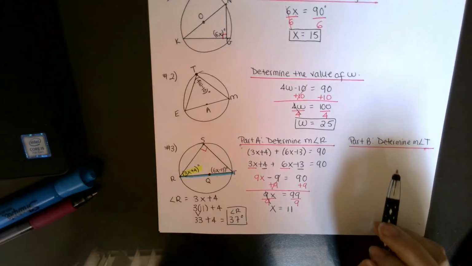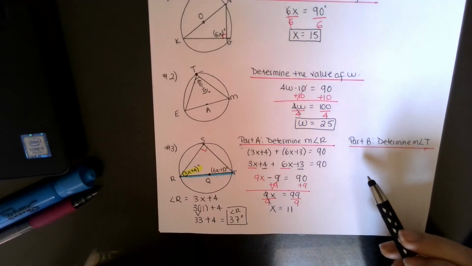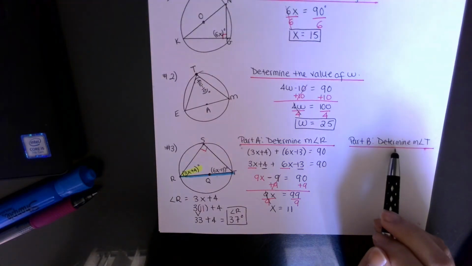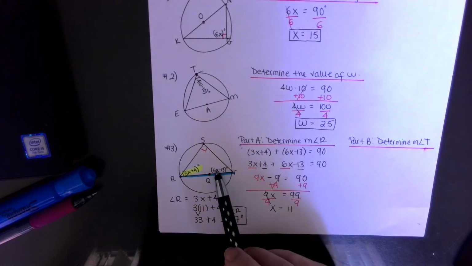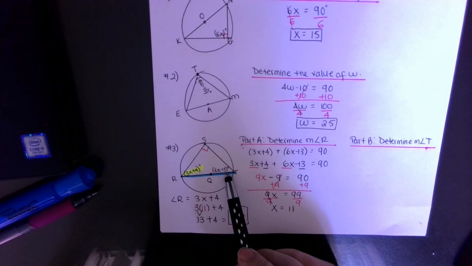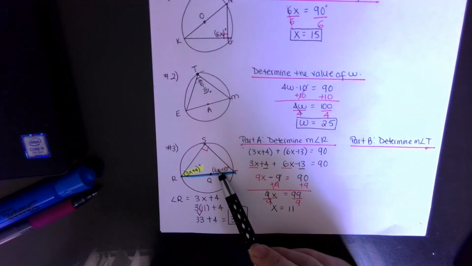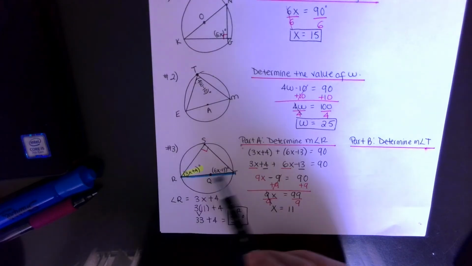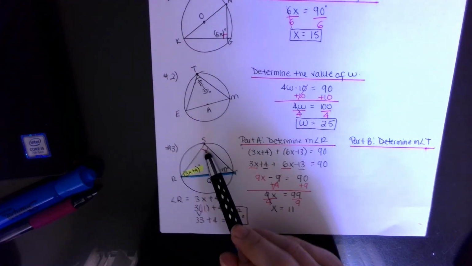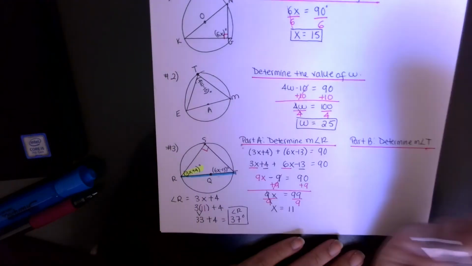Okay, so now, of course, there's more than one way to approach this problem. But the easiest way to find measure of angle T is just plugging it in. Angle T is 6x minus 13. So there's two ways. You could either just substitute it in, or you could do 180, the triangle, minus 90 minus 37. So there's more than one way. I'm just going to substitute it in.